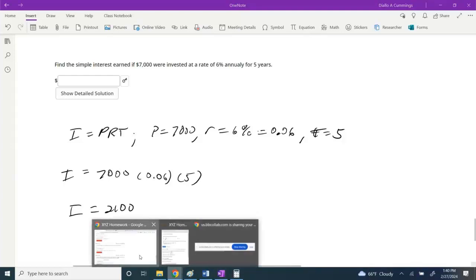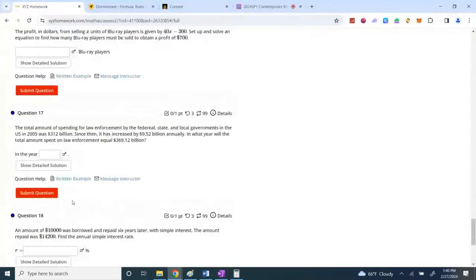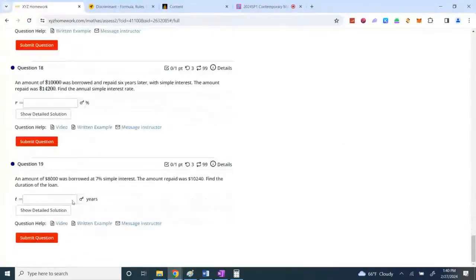Now the last two problems kind of play on that fact. So for example, number 18 says an amount of $10,000 is borrowed and repaid 6 years later with simple interest.